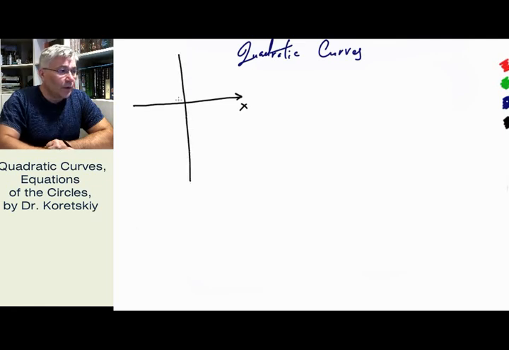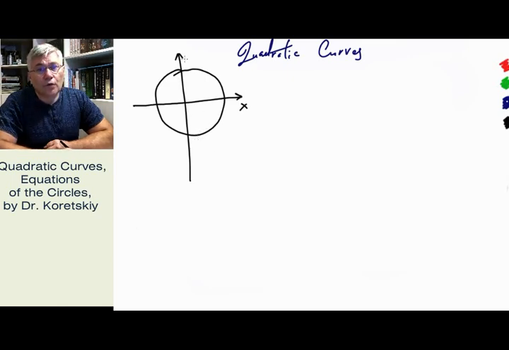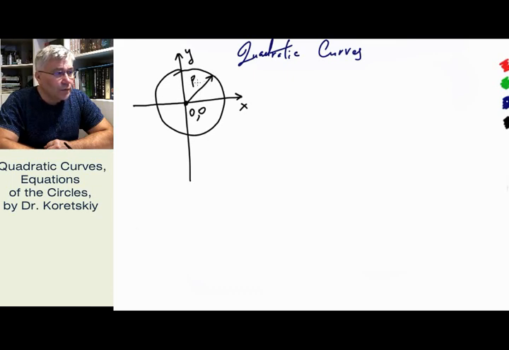So here you have the xy coordinate system, and a circle with the center at the origin point, the 0, 0 point, of the xy coordinate system. It's clear that r is the radius of this circle. It's better to use the small letter, if you don't mind, r small.